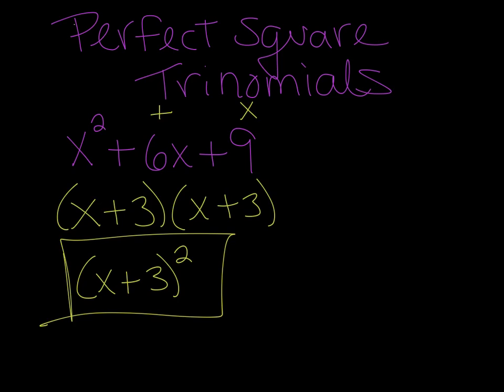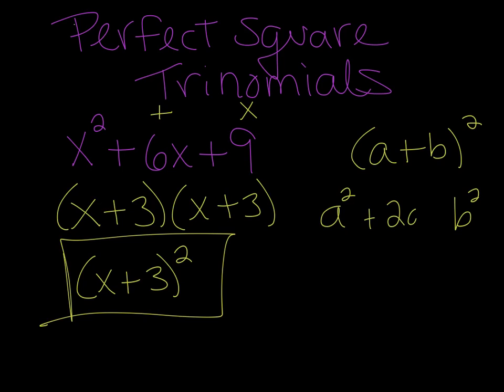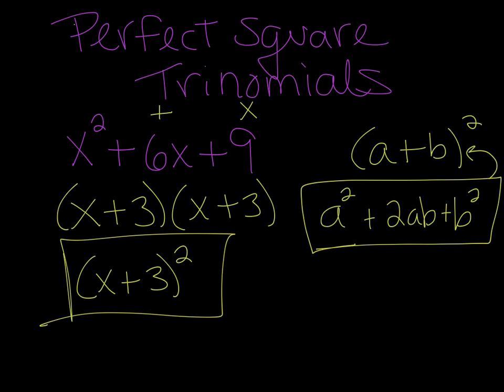So anytime you have something, and we looked at this before when we were multiplying, like a plus b squared, if you multiply that out and FOIL it all out, a squared is your first term, b squared is your last term, and 2ab, or 2 times a times b, is your middle term.